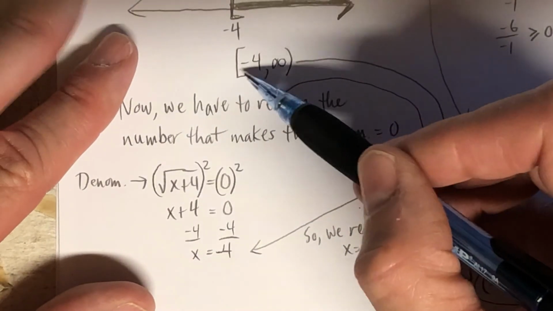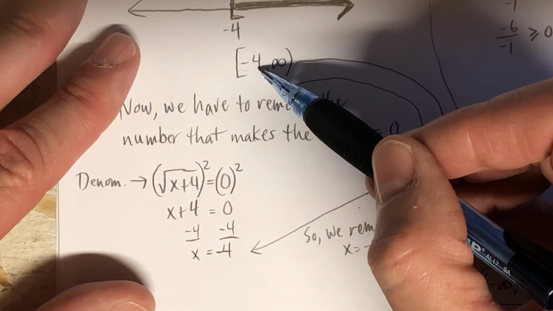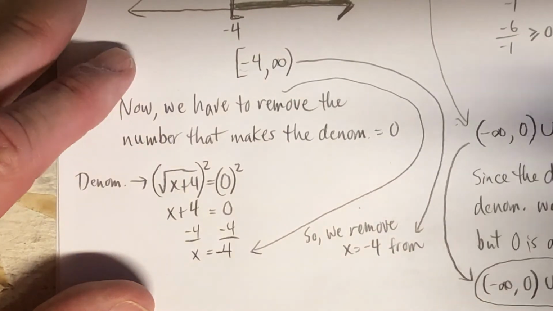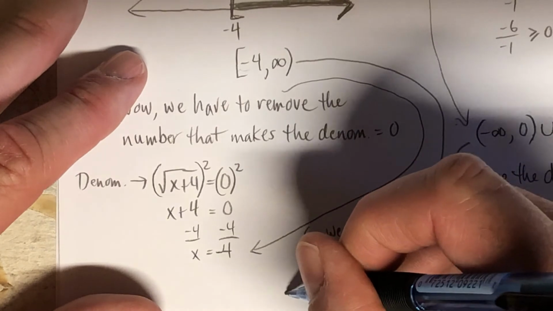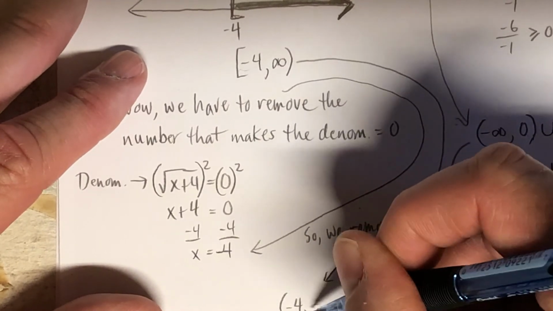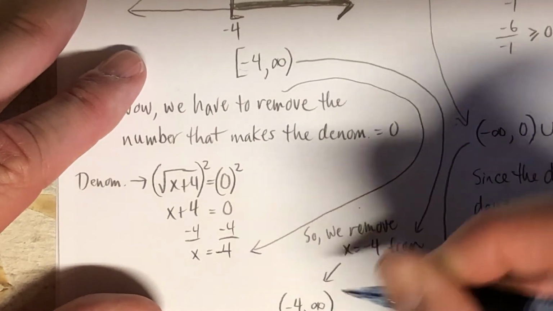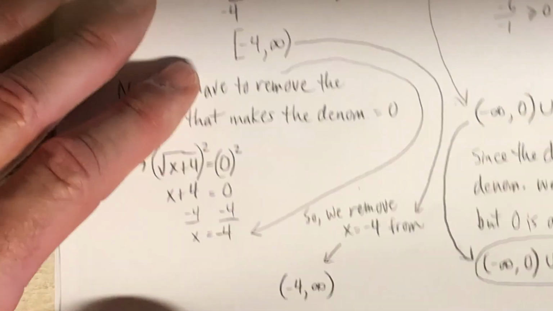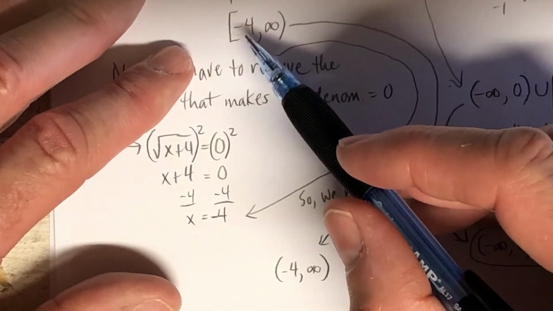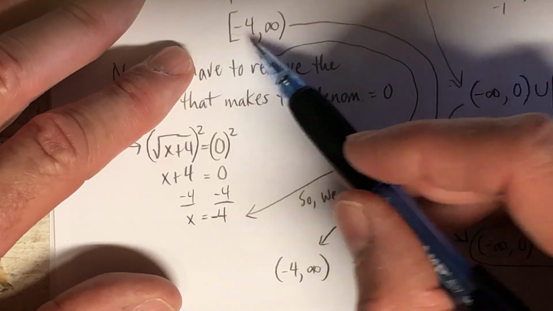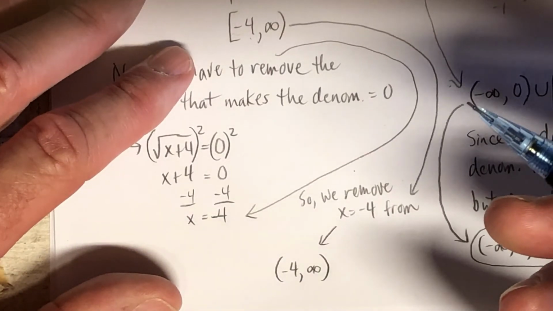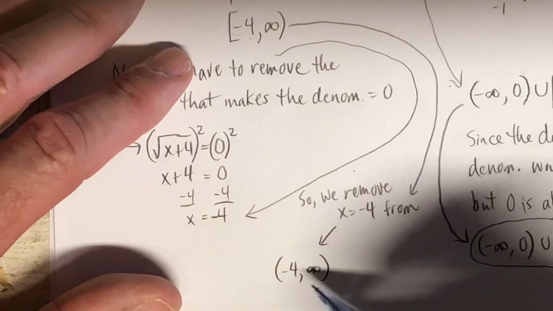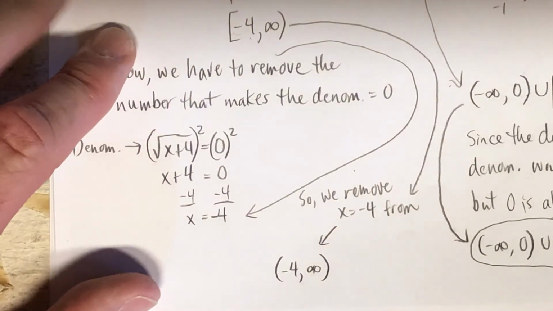If something has a square bracket next to it and you want to remove it, you just change it from a square bracket to a round bracket, because remember, when you have a round bracket with a number next to it, that number is not in the answer. So here it was in the answer, talking about -4, and now it isn't. And that's the only thing I wanted to remove, so don't change anything else. The infinity's still there and all of that.